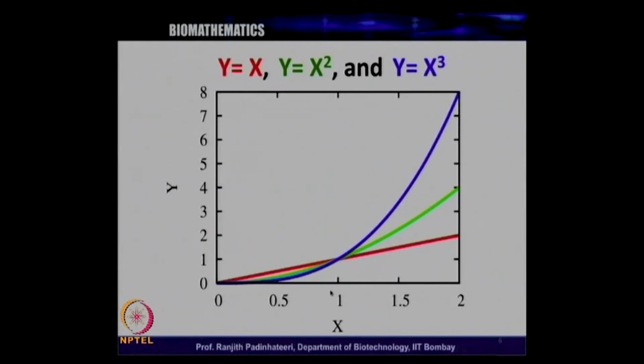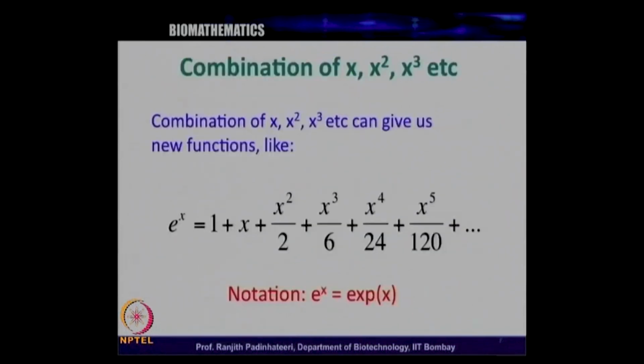Once we understand these three functions, we also said that a combination of these functions, x, x square, x cube, x power 4, x power 5, etc., will give some other function. For example, x plus x square will give some other function, x minus x square will give some other function.